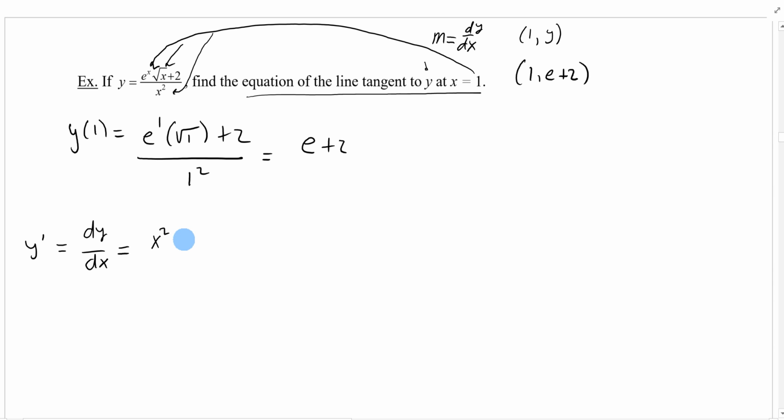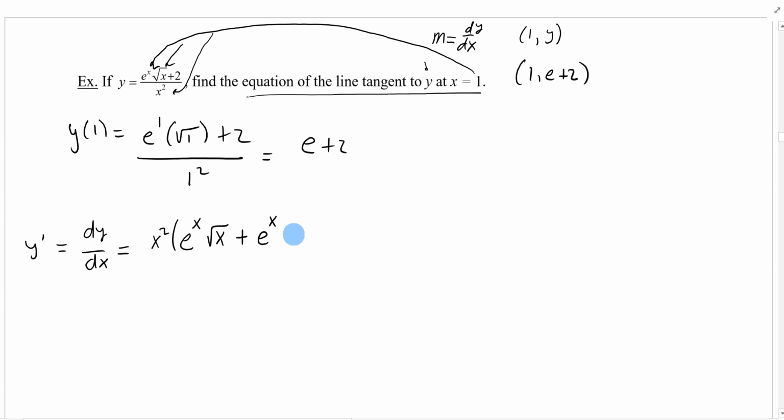So low times the derivative of the high, e to the x times square root of x. That's a product rule, so it's going to be derivative of the first, keep the second, plus the first, now the derivative of the second.